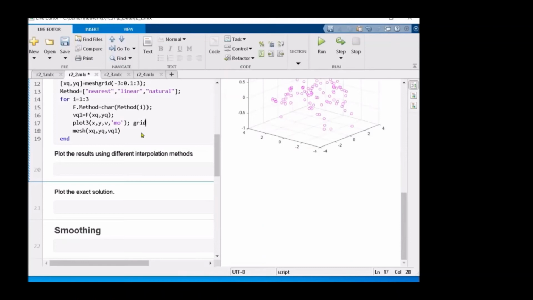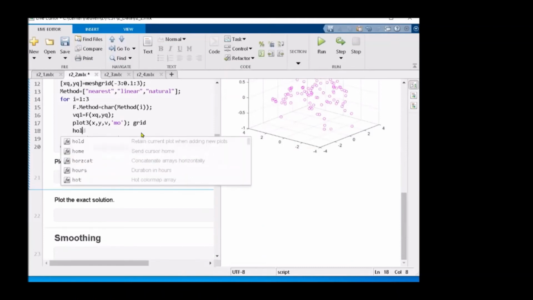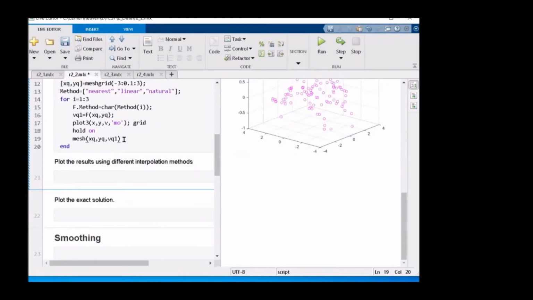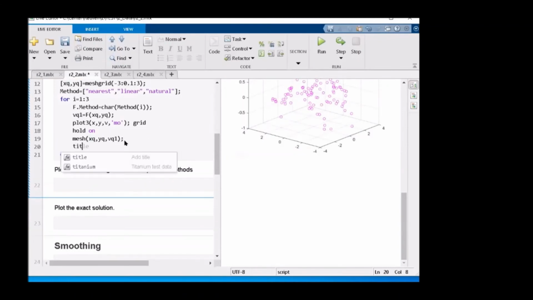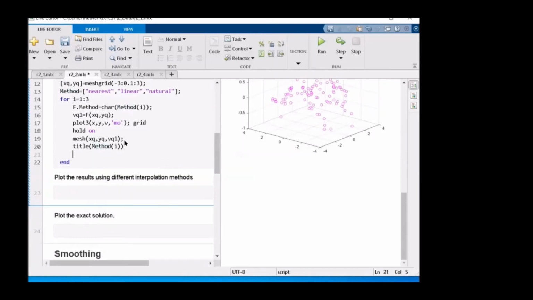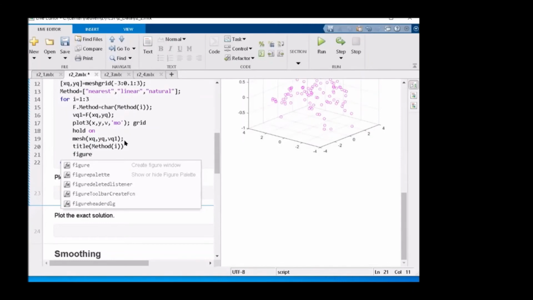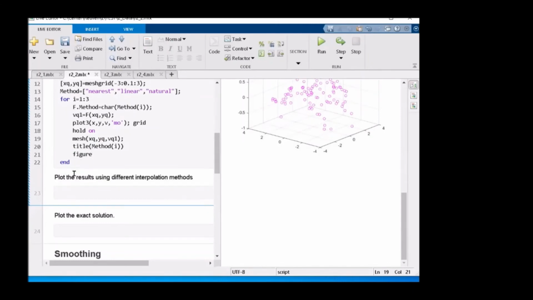Before using it, we need to keep the experimental data, hold on. Then ours. Then maybe a title with the method, to understand the method. Legend we don't need. We need to plot each one in a different figure, and that's all.